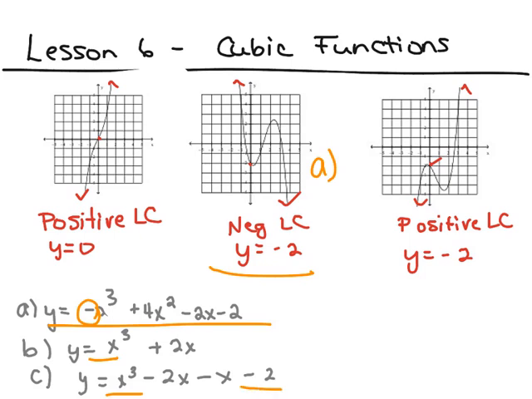Because this one ends in a -2, and this one has nothing, so that's the same as 0, B matches our first graph, and C matches our third graph. So that is how you would match those. So always check the leading coefficient and the y-intercept.